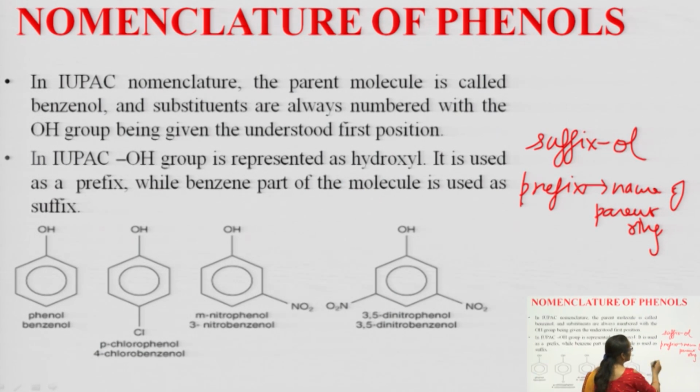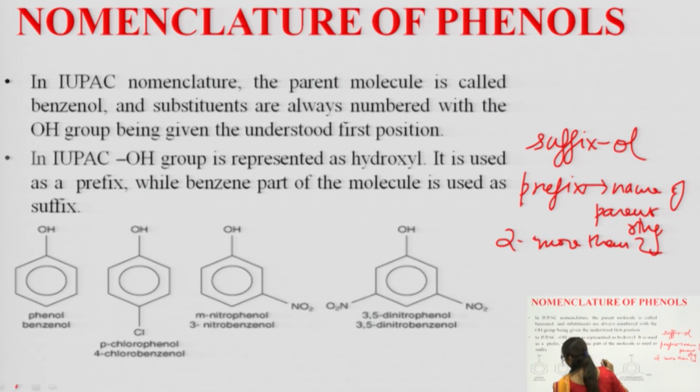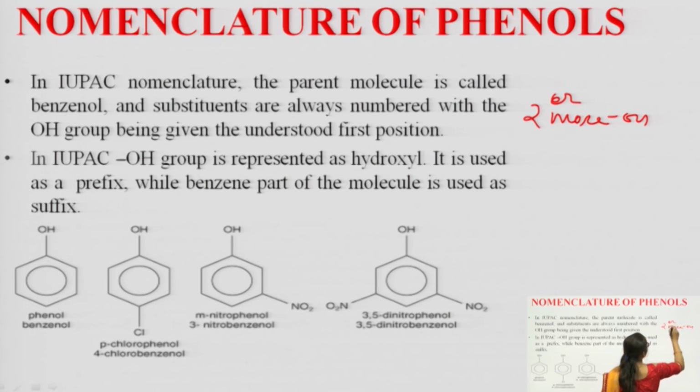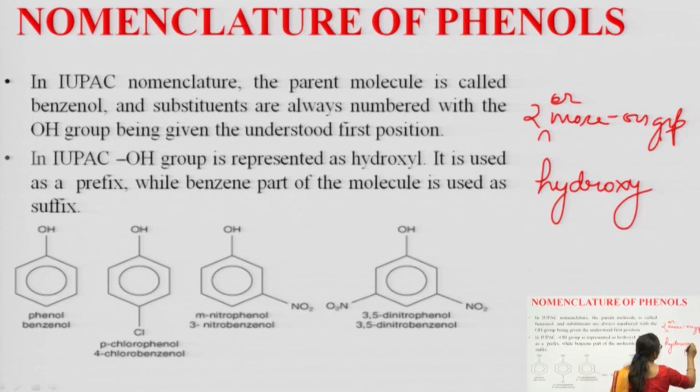And suppose if two or more than two hydroxyl groups are present, then what you have to add is hydroxy. You have to add hydroxy. See the examples. One is phenol, the other name is benzenol. I have told you in my first lecture.